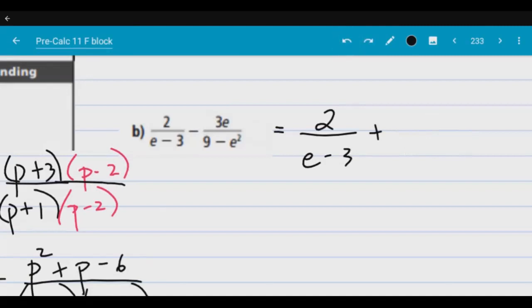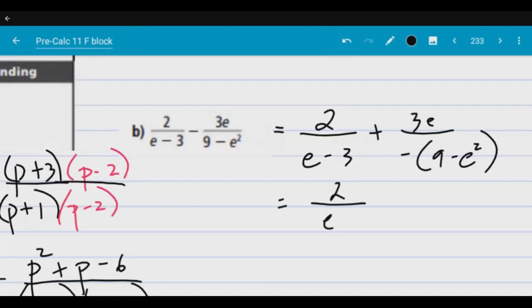So instead of putting that negative with the 3e, I'll put it on the bottom. Negative of 9 minus e squared, right? Now, guys, isn't it that by doing that, I will now be able to have this 2 over e minus 3 plus 3e minus 9 plus e squared. Oh, wait a minute.